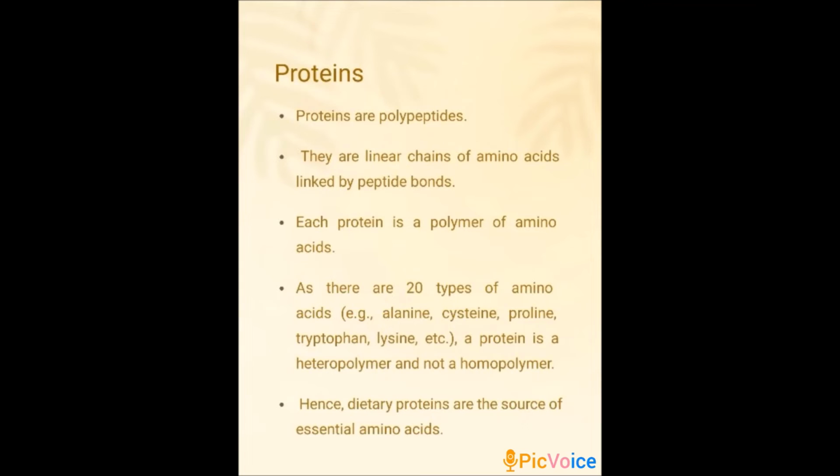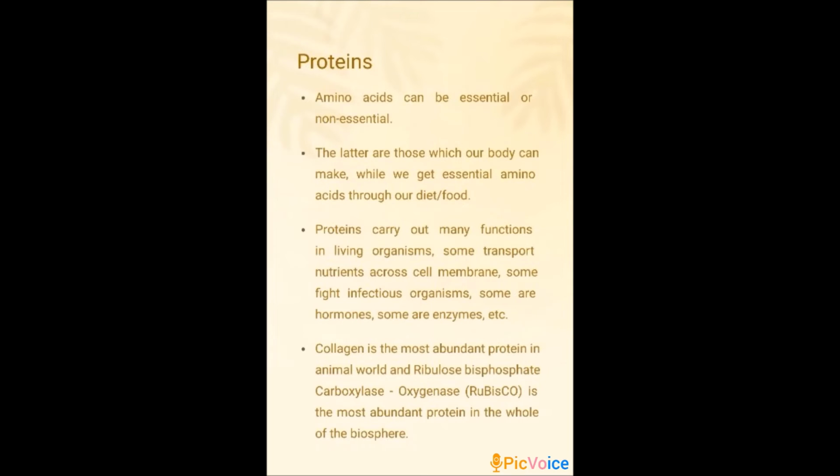Different types of amino acids are linked together. It is not a homopolymer. So the same type of amino acids are not present. Different types of amino acids are joined together. That is why dietary proteins are the source of essential amino acids. So for getting the required protein for a diet, it is obtained from these essential amino acids. Amino acids may be essential or non-essential.